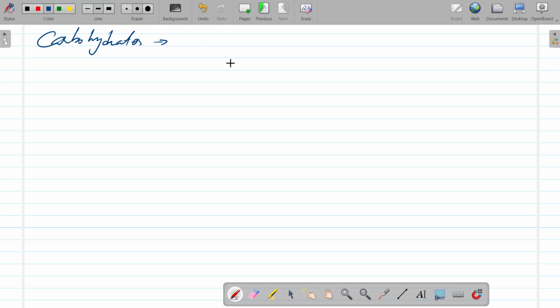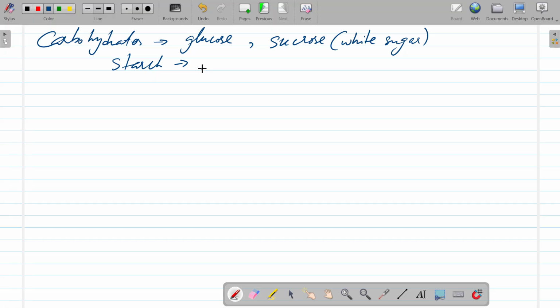some of the popular ones that we are familiar with are glucose. Then you've got sucrose, and sucrose is the regular white sugar that we use every day. And you've got starch. That's the carbohydrate present in rice and potatoes, and lots and lots of other sources.